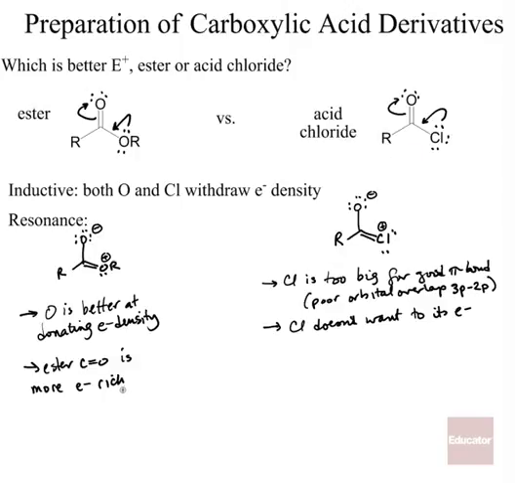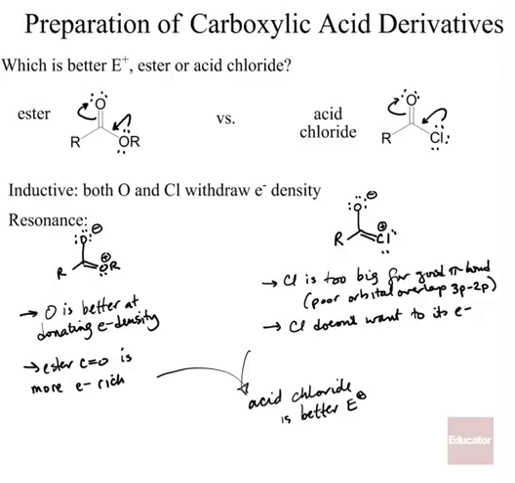Is being more electron rich a good thing for an electrophile? Just the opposite. That means the ester is a poor electrophile compared to the acid chloride. So both of these combine to tell us that the acid chloride is the better electrophile. Acid chloride is a better electrophile than an ester.